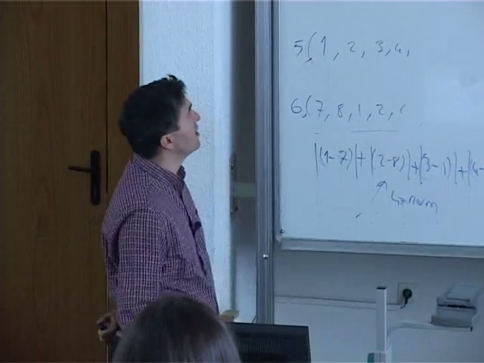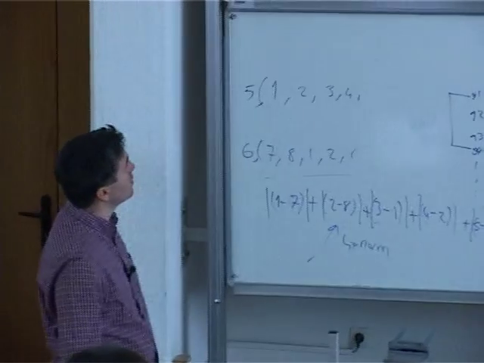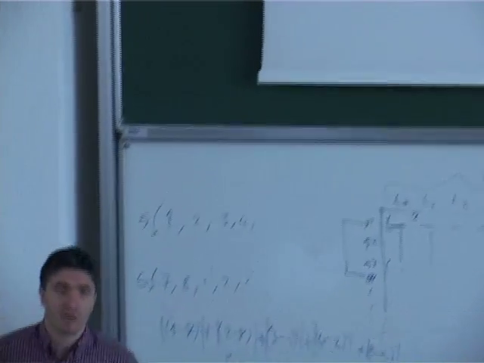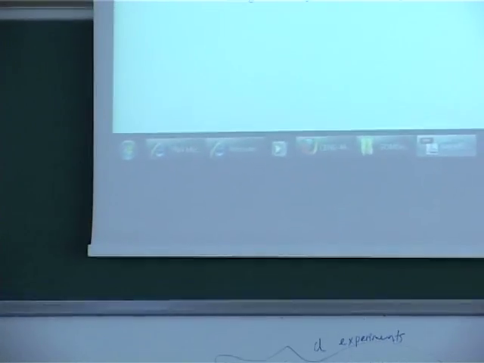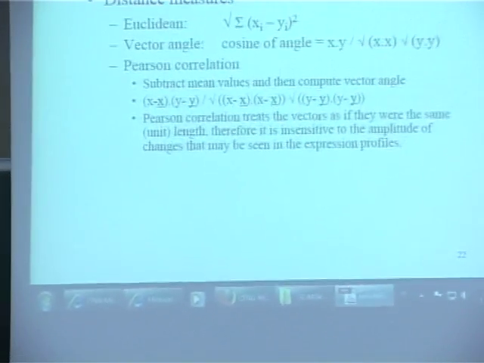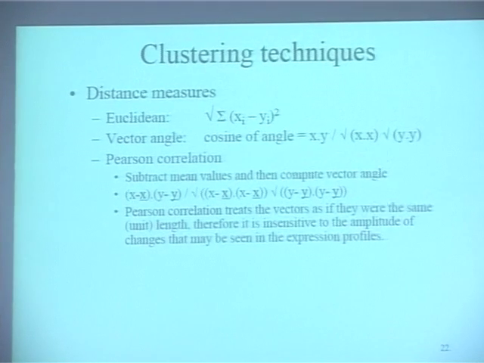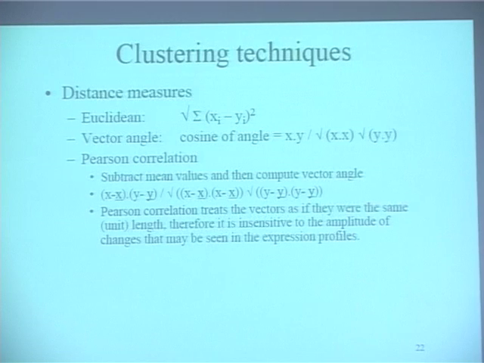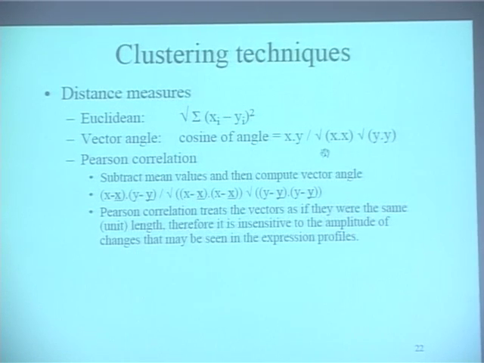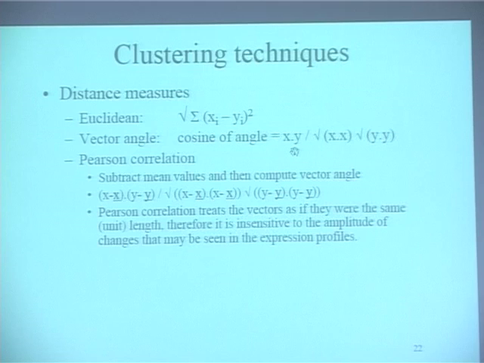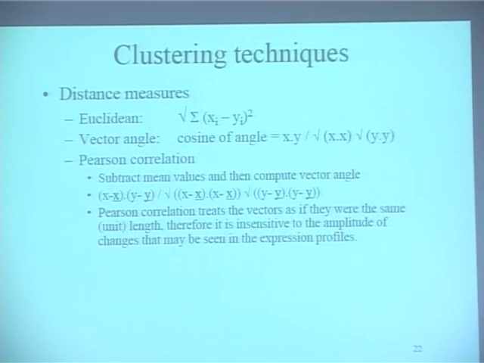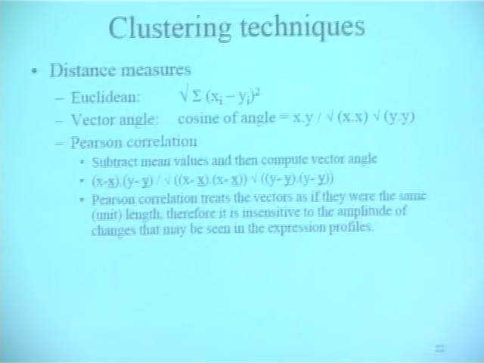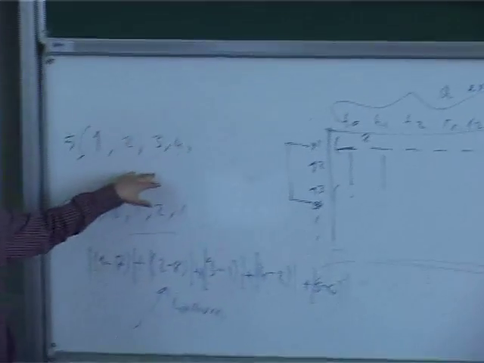Pearson correlation is one of the most widely used techniques for microarray analysis. It's similar to cosine similarity, and cosine similarity is computed like this. Cosine similarity is the angle. These are points in d-dimensional space, but these are also vectors in d-dimensional space. So points and vectors are very related.